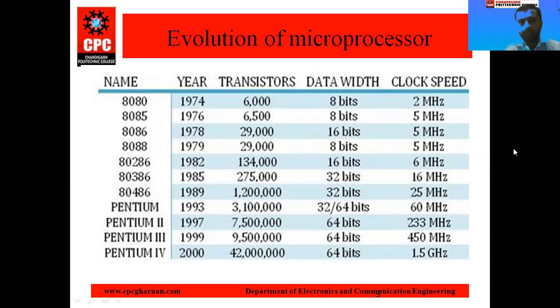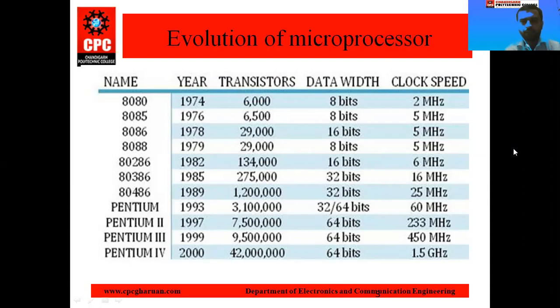After that, the 8085 microprocessor, which we are studying in this semester, was formed in 1976, and 6500 transistors are used in it. It has an 8 bit data bus and a 5 megahertz clock speed.